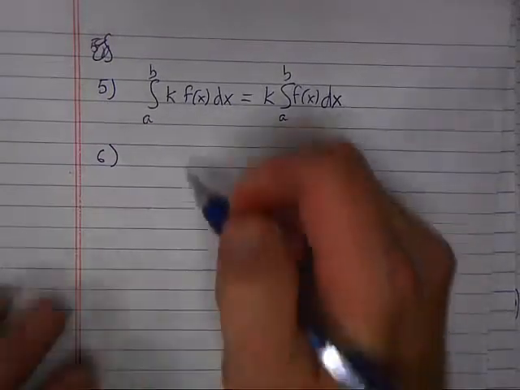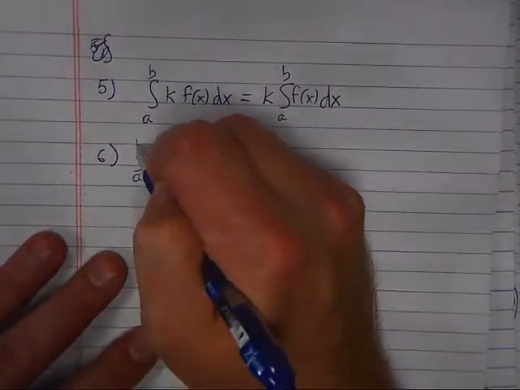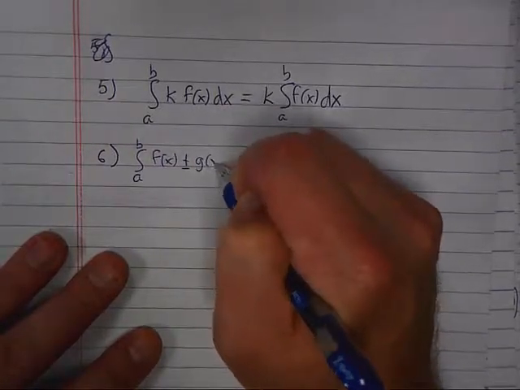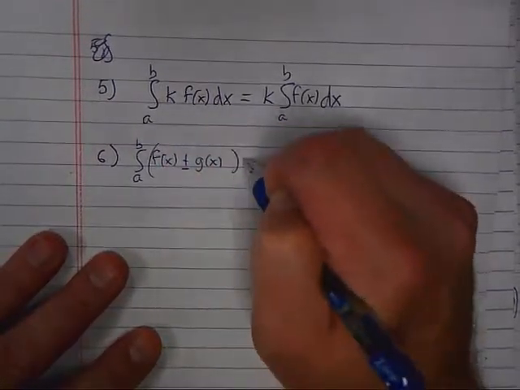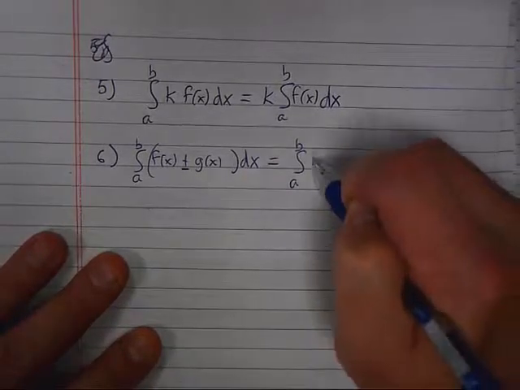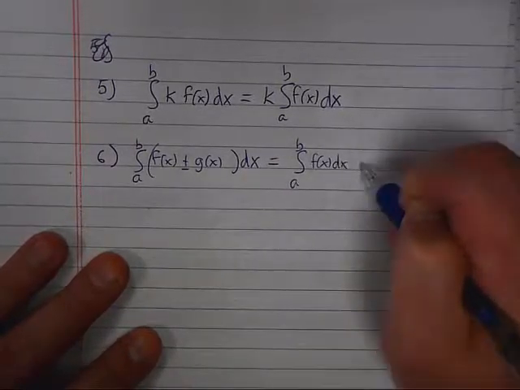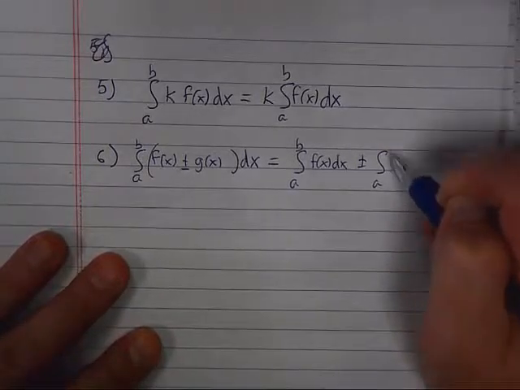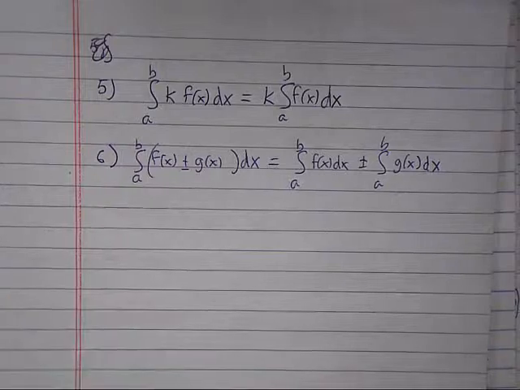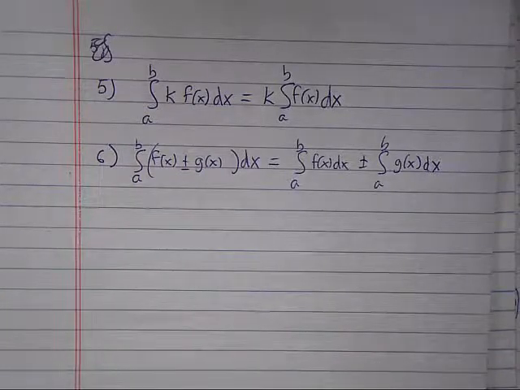Number 6. The integral from a to b of f of x plus or minus g of x dx is the integral from a to b of f of x dx plus or minus the integral from a to b of g of x dx. What's that rule?